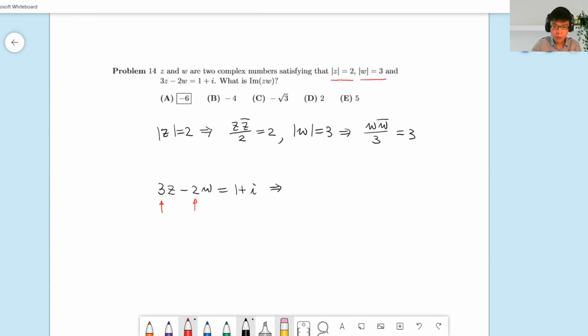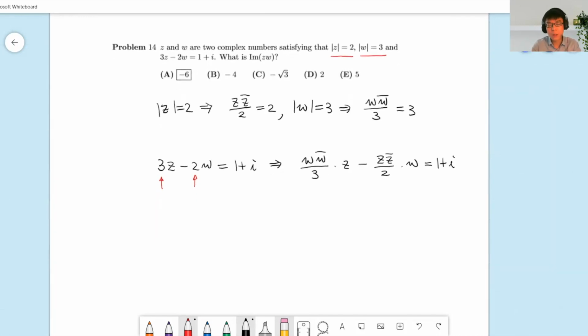We got w times w conjugate over 3 times z minus z times z conjugate over 2 times w equals 1 plus I. Okay, on the left-hand side, we can factor the common term z times w.